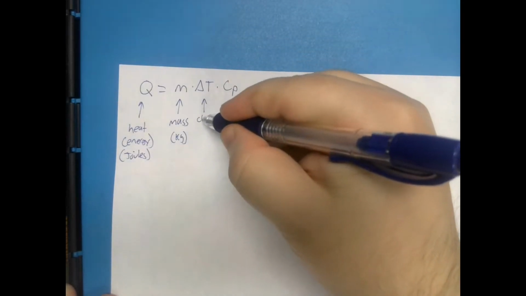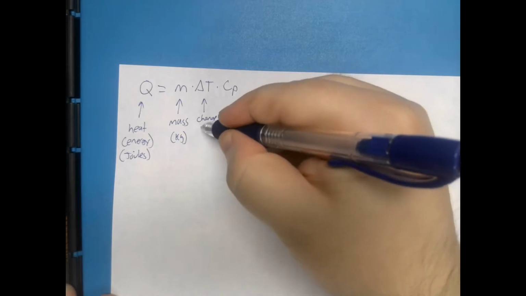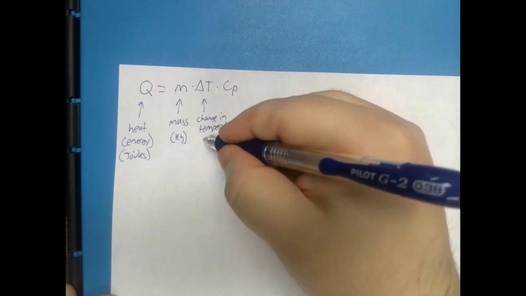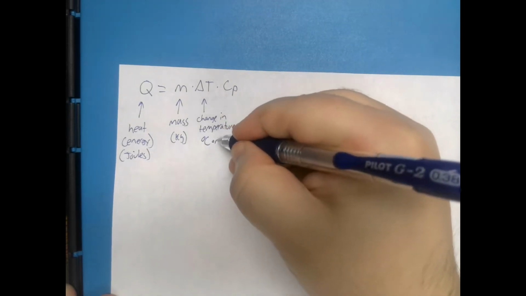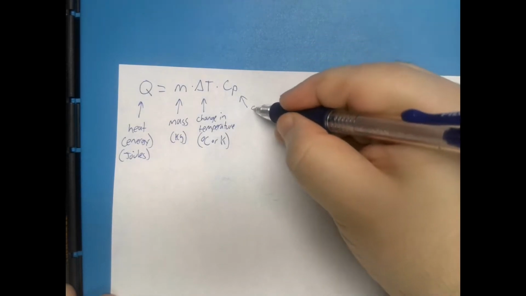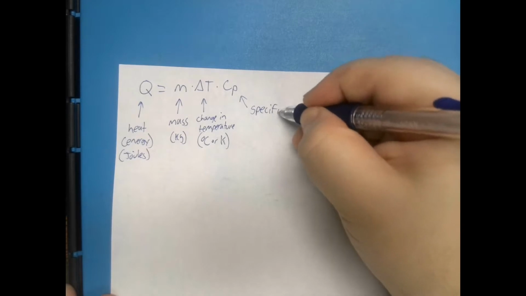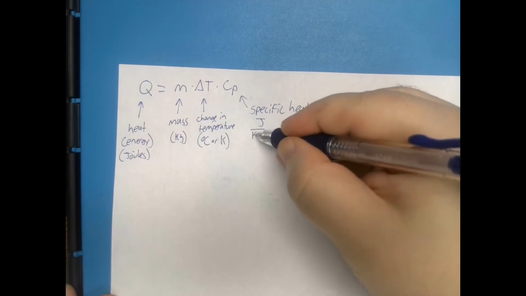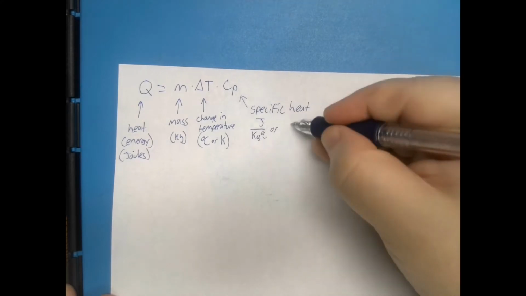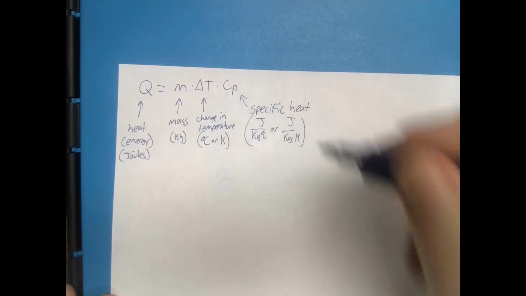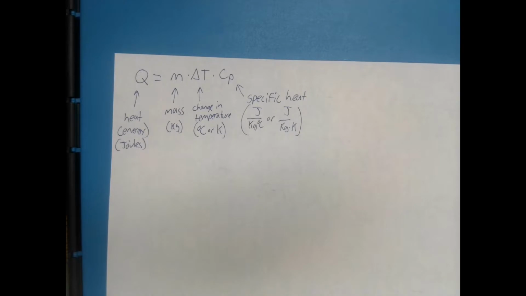We have change in temperature, which is measured in degrees Celsius or Kelvin. And our specific heat, which is either in joules per kilogram degree Celsius or joules per kilogram Kelvin. These two can be interchanged for this formula only.